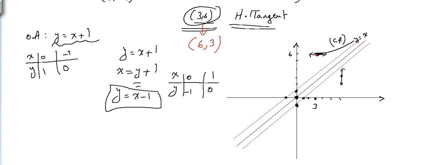It goes toward the oblique asymptote. I told you I have to remove this, right? Okay, this is the oblique asymptote. This one is y equals x in the middle.